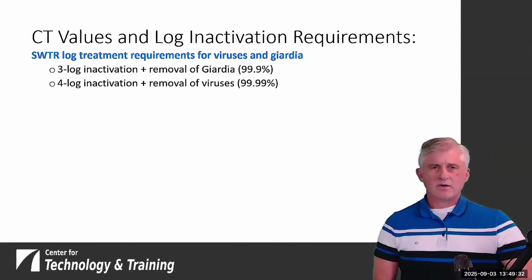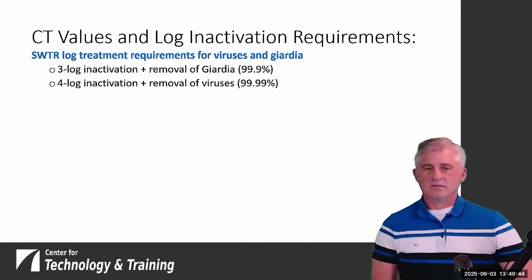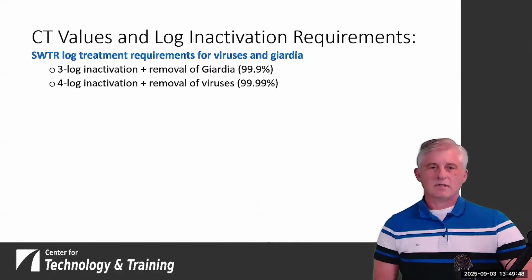And Giardia only requires a 3 log removal because the pathogen, the bugs are larger, and so they're easier to remove from processes like filtration. On top of that, viruses are a little more resistant to disinfection, as we've indicated, and they're a little harder to filter out.